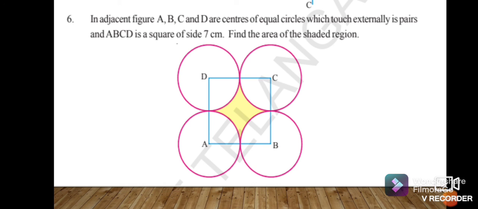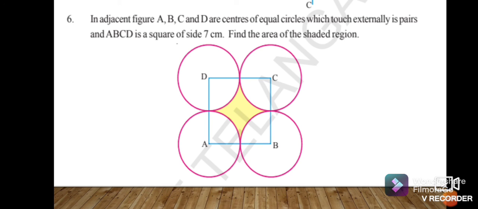Whenever you look at 4 coins or 4 strikers like this, you will get this type of figure. No? So here we need to find the shaded region. Okay, whenever you keep the 4 coins like this, we will get a region in between them, or among them. So now we have to find that area of the shaded region.